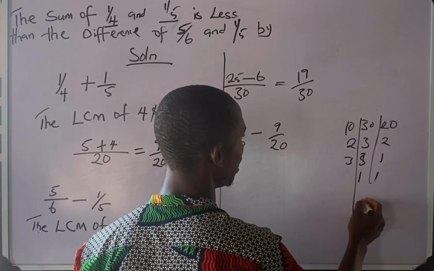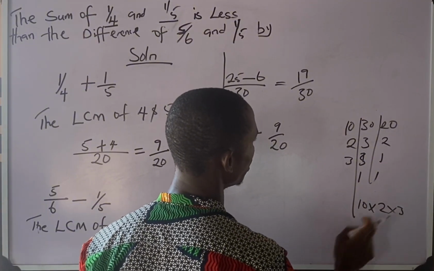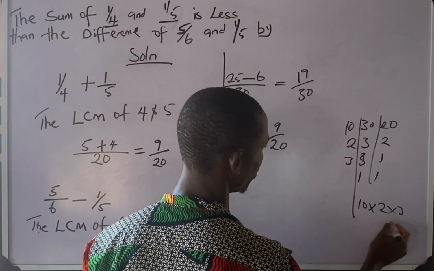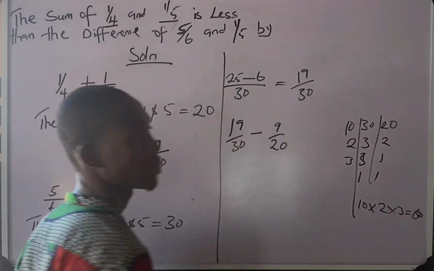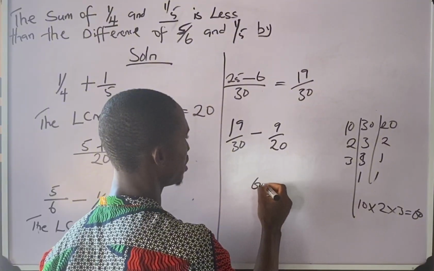So 10 times 2 is 20, and 20 times 3 is 60. So our LCM for this will now be 60.